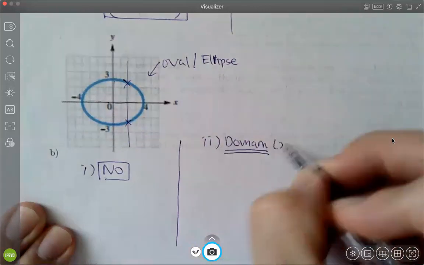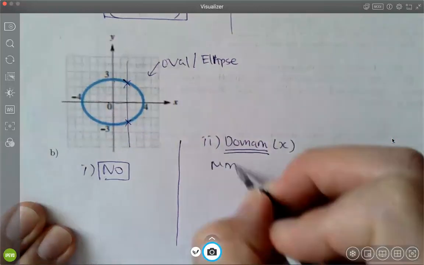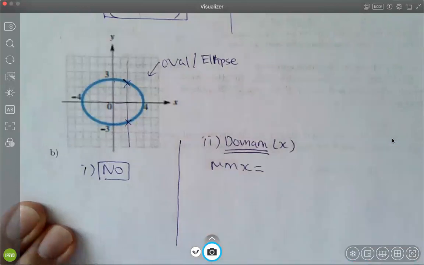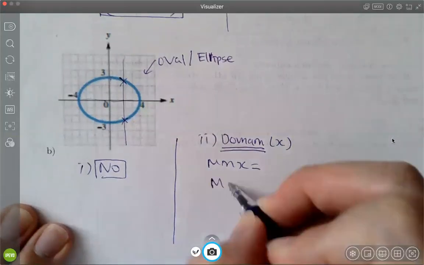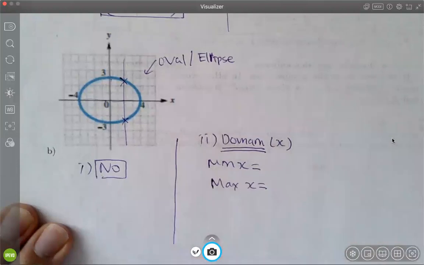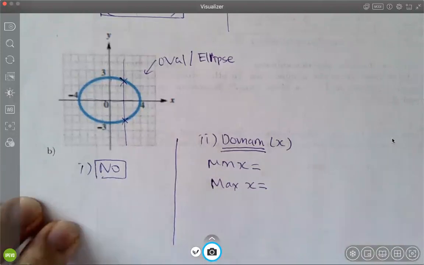Okay, so now the domain. So now, what is the minimum x? And what is the maximum x? So what are the minimum and maximum x values? -4 and 4, right?